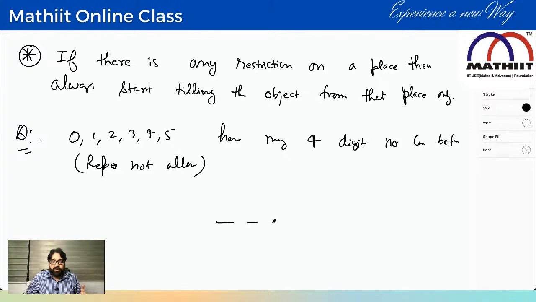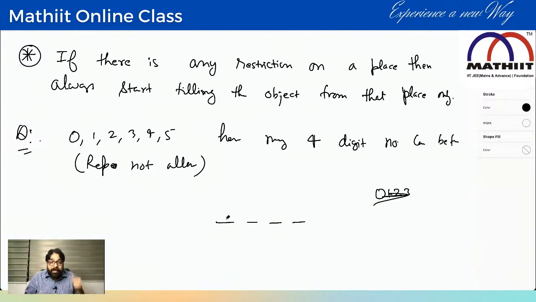I did not mention any restriction, but you have to use common sense. In a 4-digit number, 0 cannot come on the first place. Yes or no? Because if 0 comes, it will look like 0, 1, 2, 3, which is not a 4-digit number. It is a 3-digit number. Did you understand?